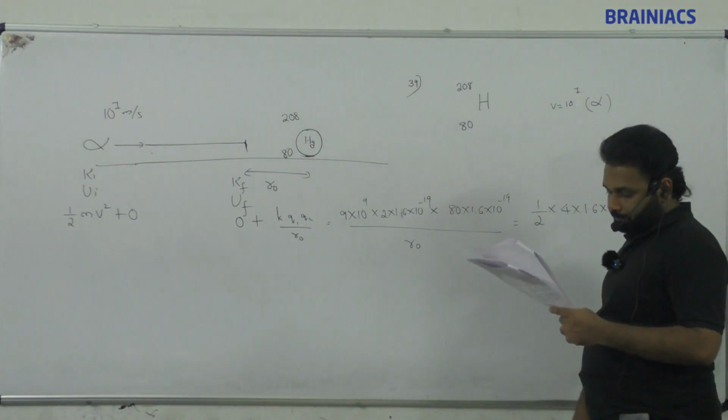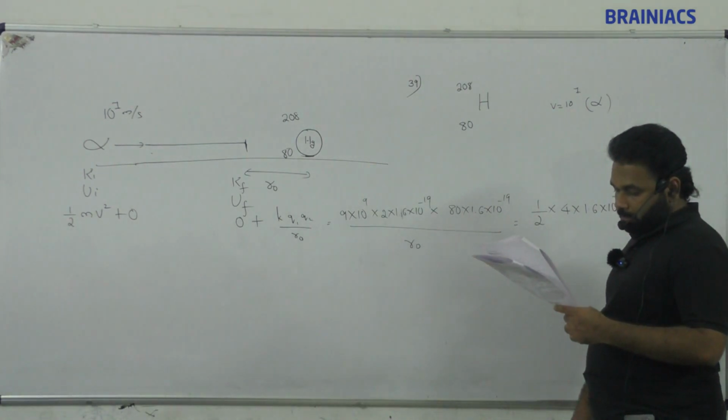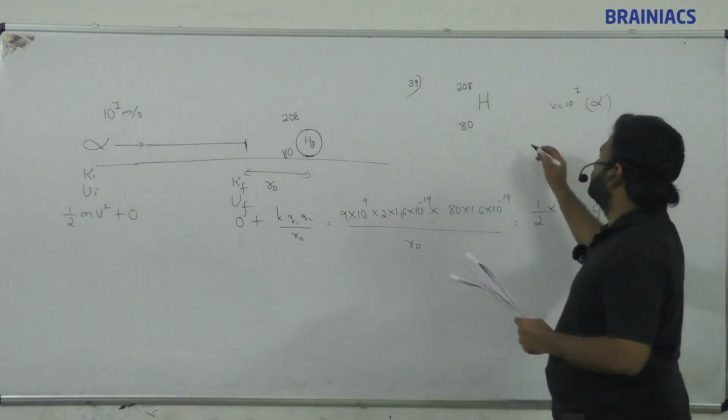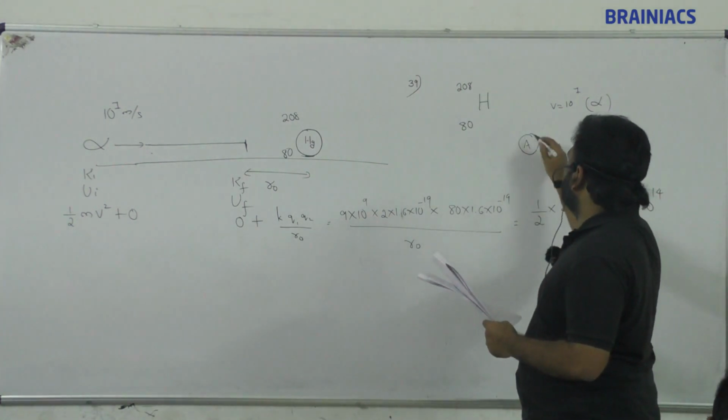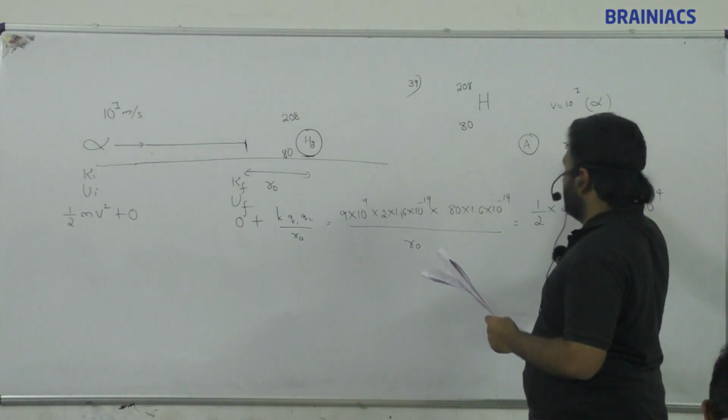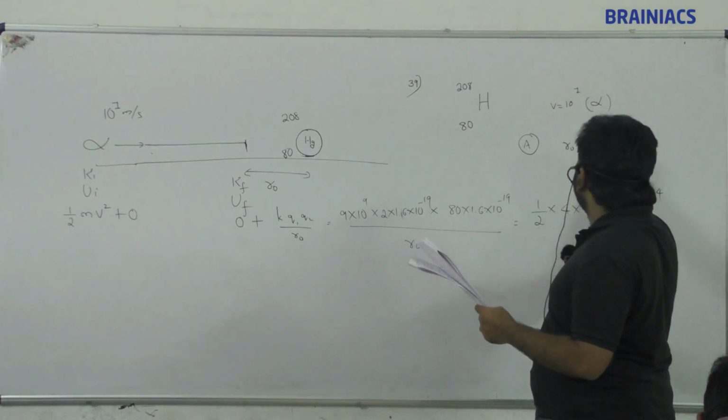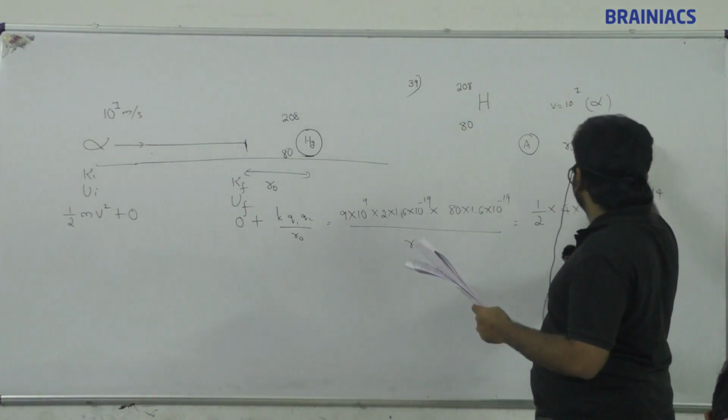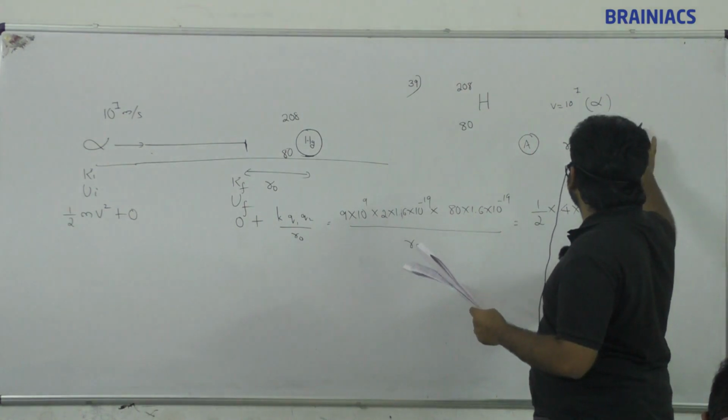Which option? Option A. Getting option A. R naught will be 1.115 into 10 raised to minus 13 meter. Are you getting this one?